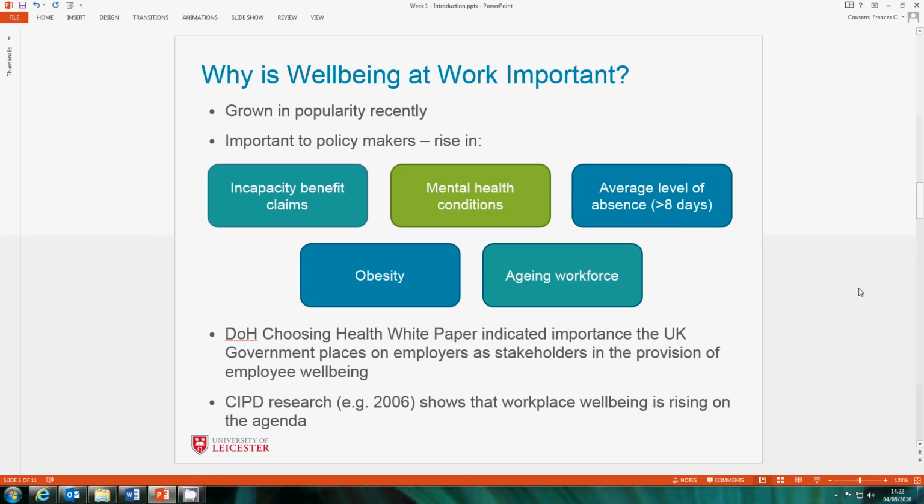The Department of Health Choosing Health white paper indicated the importance the UK government places on employers as stakeholders in the provision of employee well-being. So I'm now going to read you a quote from that white paper. "Many employers recognise that they have a direct interest in creating an environment that helps people make choices because of corporate social responsibility or because a healthier, more engaged workforce makes good business sense.